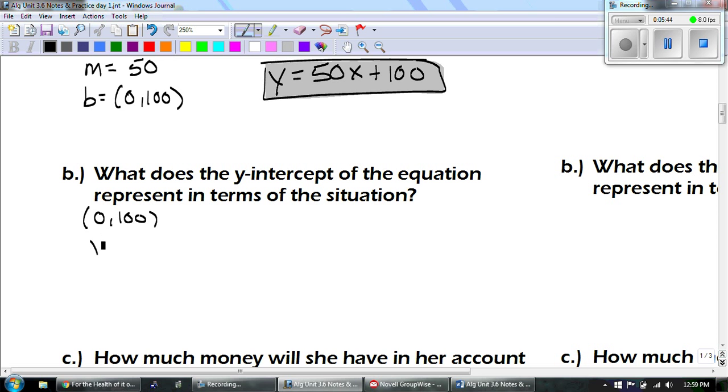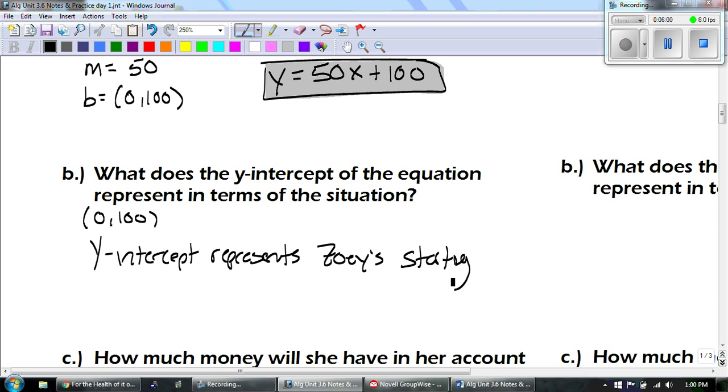Yes, we're making you write a sentence. So the y-intercept represents Zoe's starting balance of $100.